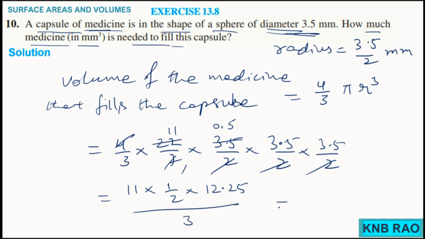So on simplification you will get 22.46 millimeter cube approximately. You will get the value of the medicine that is filling this capsule. Okay children, so with this I have completed all the questions of exercise 13.8 as well as I have completed the whole chapter.